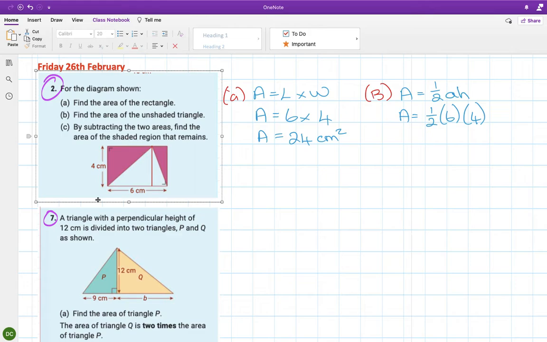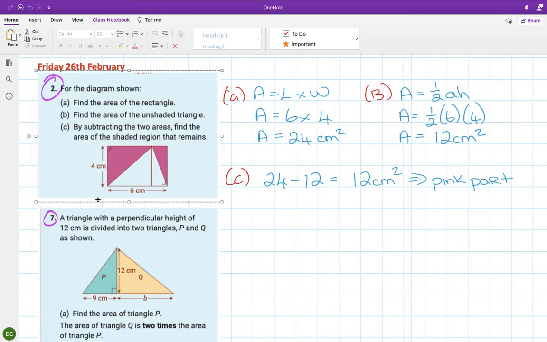So, half of 6 is 3, and 3 times 4 is 12 centimeters squared. And by subtracting the two areas, find the area of the shaded region. Okay, so we do 24 minus 12, and we get 12 centimeters squared for the pink part.